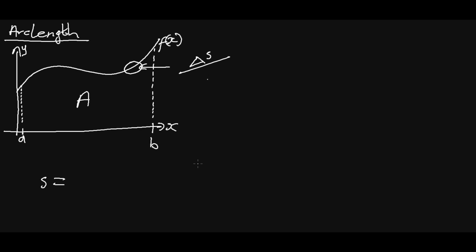According to the Pythagoras theorem, this delta s will be equal to some square root, and we need two values which we can put to the power 2 here. Those values will be the delta x value and the delta y value.